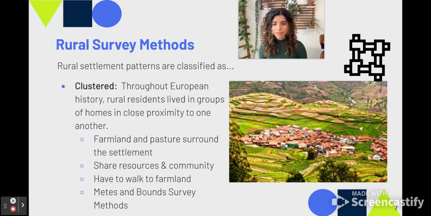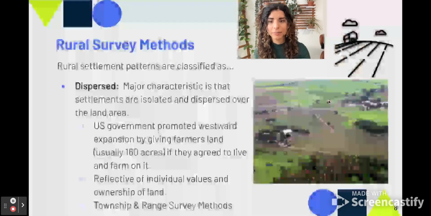There was definitely a sense of community, of resource sharing with clustered methods and clustered communities like this. Farmers and their families would live in the township and then have to walk to the farmland. This usually goes hand in hand with Metes and Bounds survey methods.